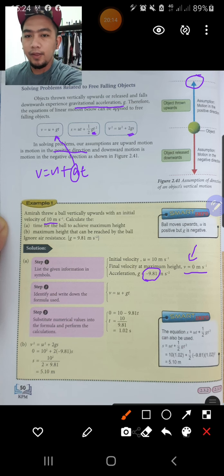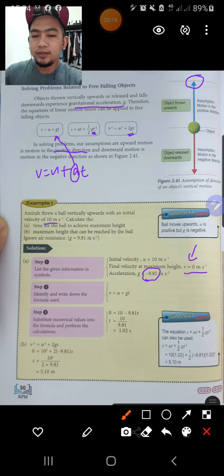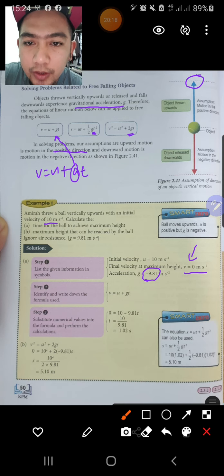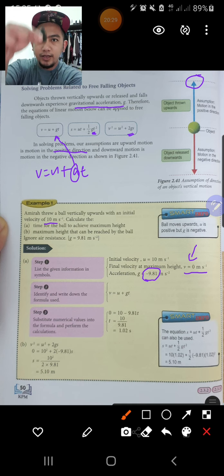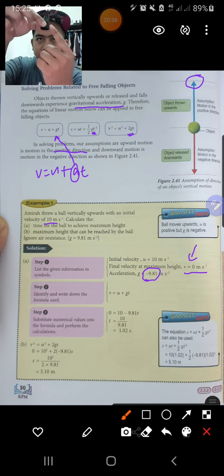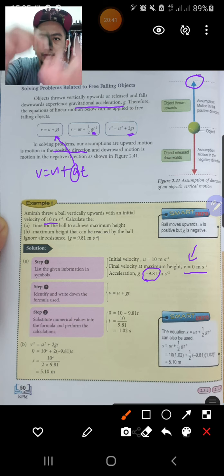Okay, actually the question is already stated there. To achieve maximum height means if you throw a ball upwards, it must stop for a moment before it falls. So that's why at maximum height it will stop. So the final velocity here is 0.